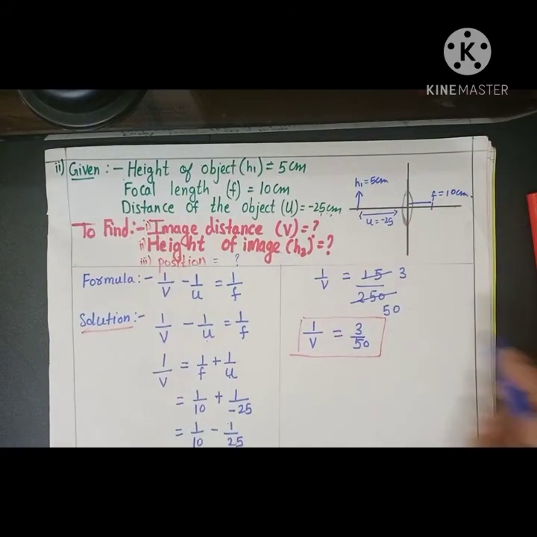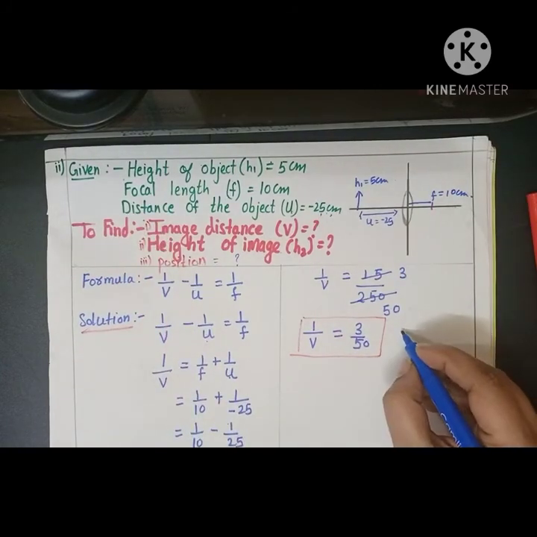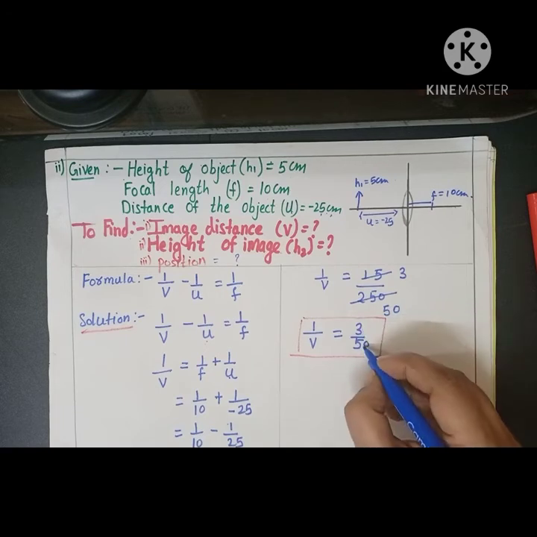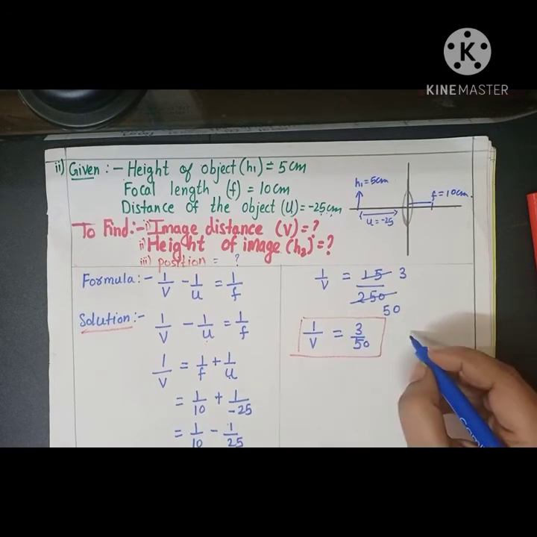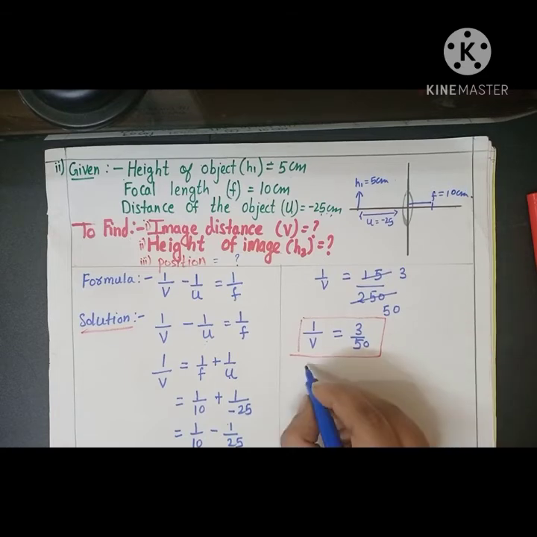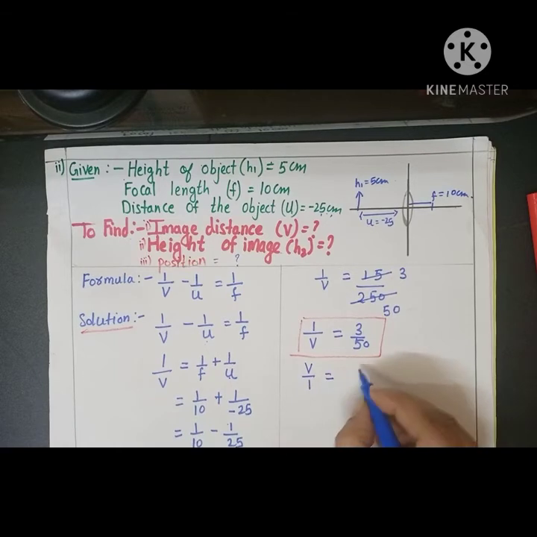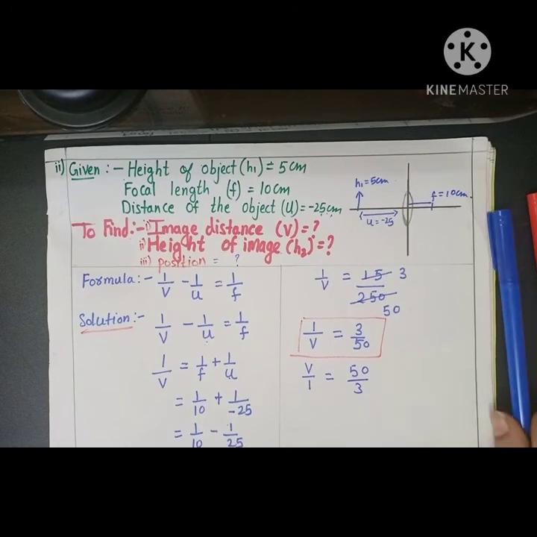Student, when we cancel 50 and 3 by taking its reciprocal, that is v upon 1 is equal to 50 upon 3.